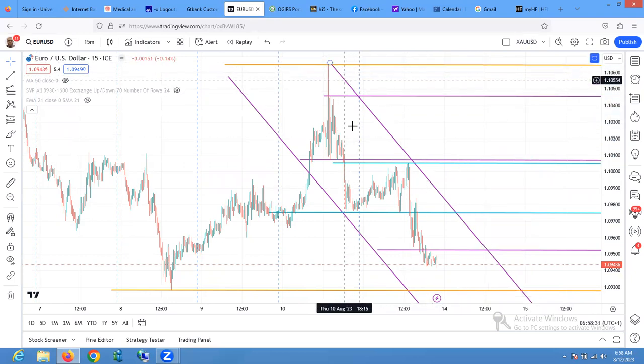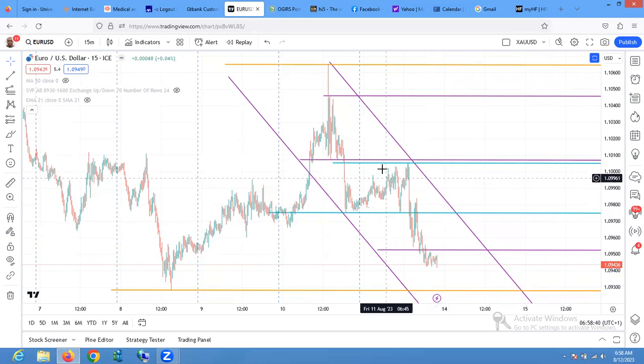After this correction, if this one is a 1 and a 2, and this is going to be a 3, it's not impossible, of course, that we have broken 161.8 to the downside. But this is in the middle of it, so maybe after dropping from here, this is a 1, and probably this one can be a 2.